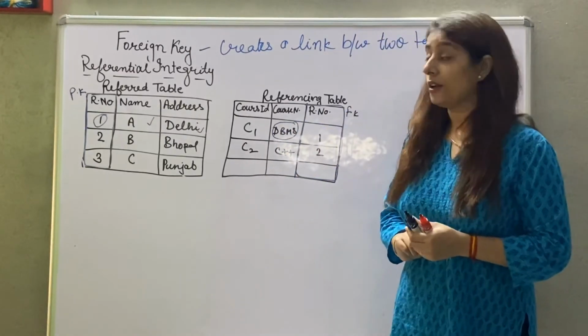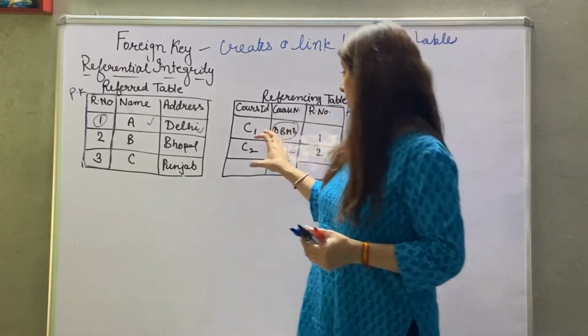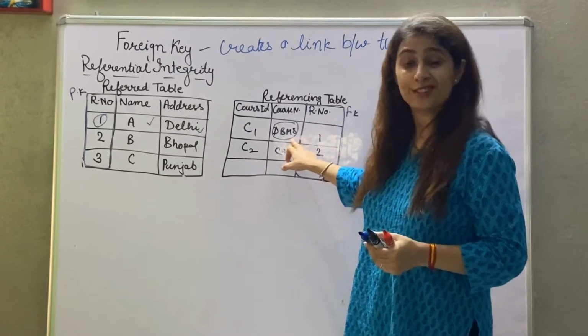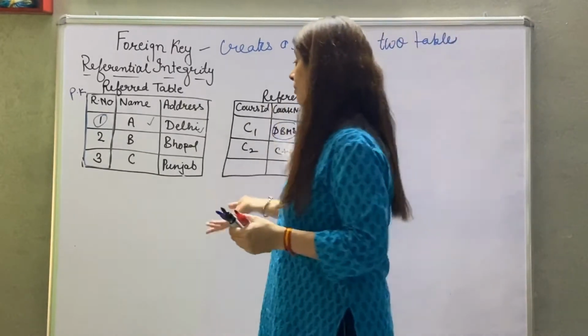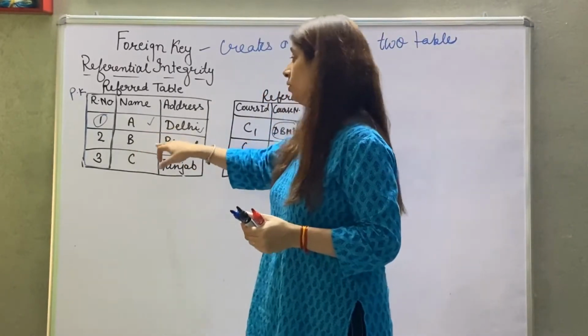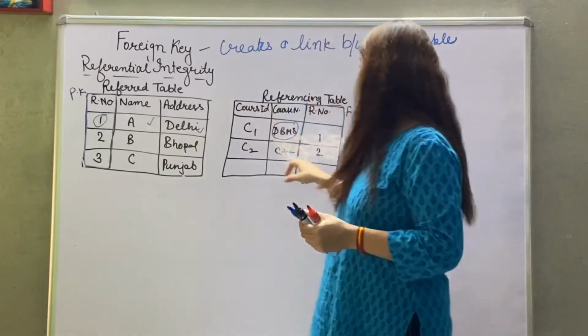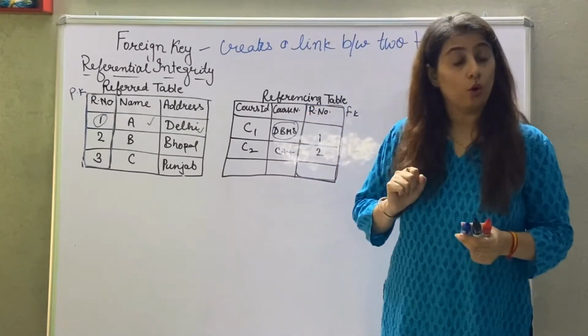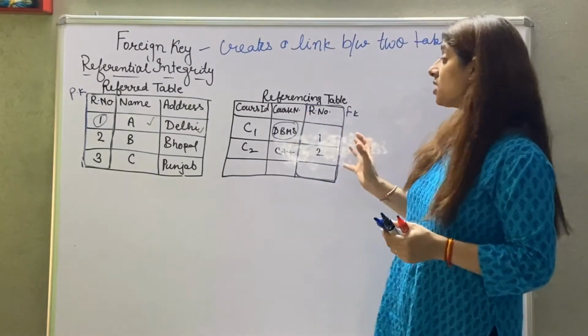His course ID is C1 and he belongs to the DBMS course. In the same way, another person whose name is B and whose roll number is 2 belongs to the C++ course. So this is how we do it.